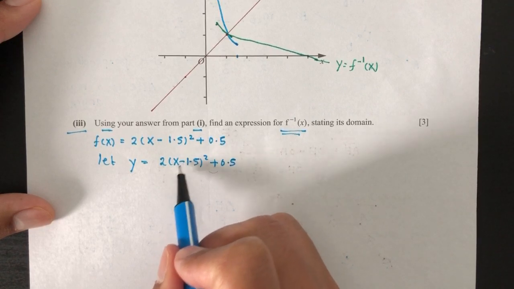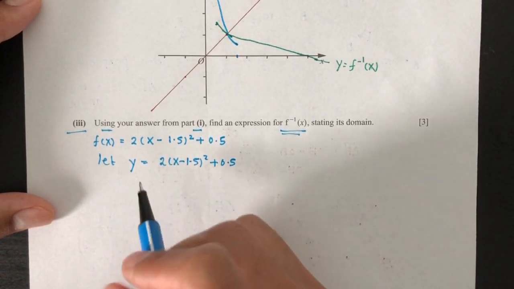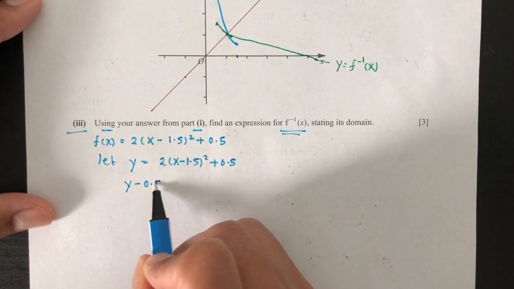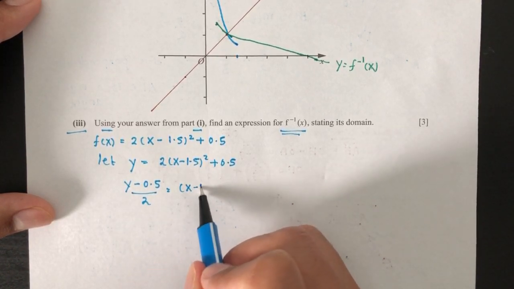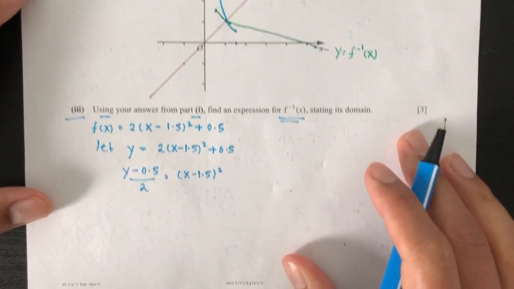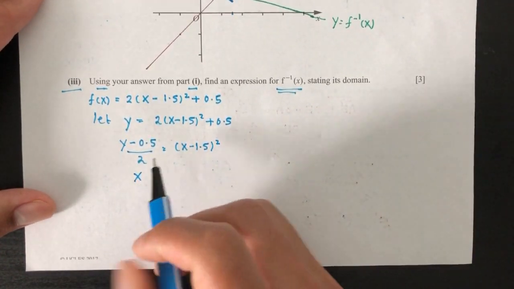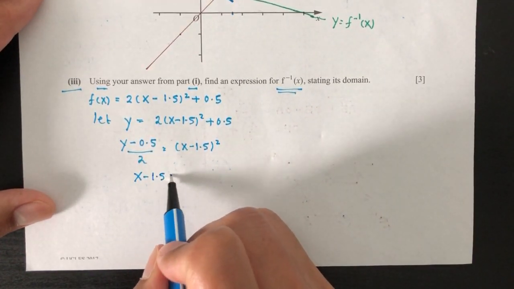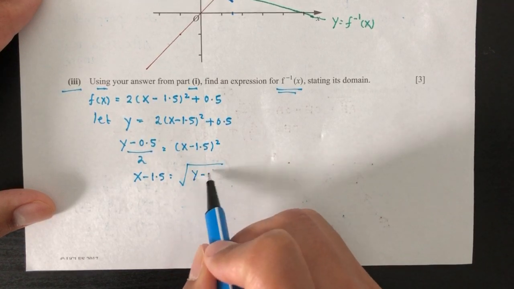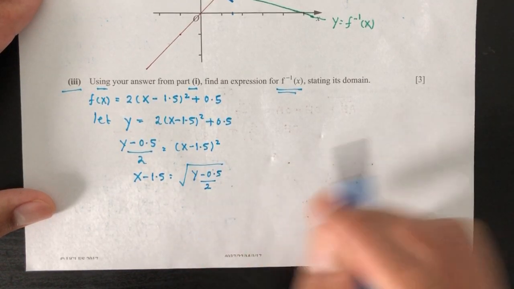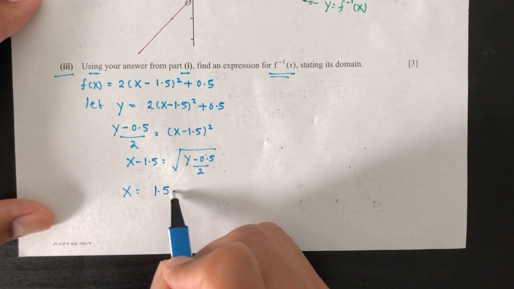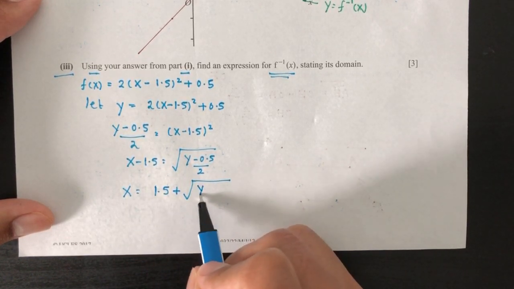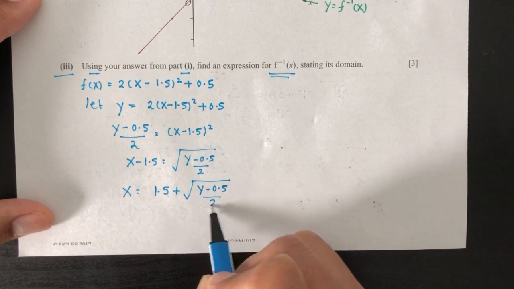You have to make x the subject of the formula. So you will have (y - 0.5)/2 equals (x - 1.5)². Now x - 1.5 is equal to the square root of (y - 0.5)/2. Now x is equal to 1.5 plus the square root of (y - 0.5)/2.